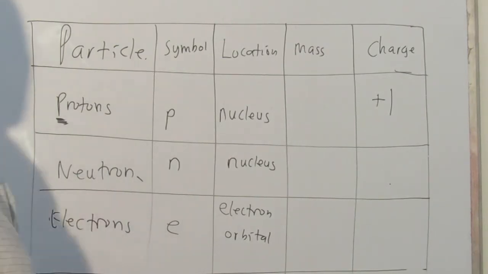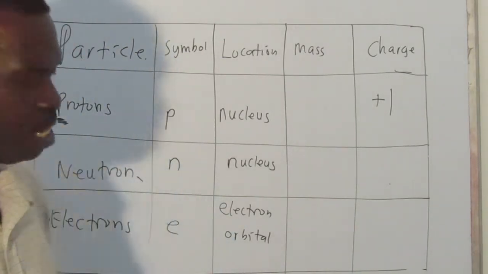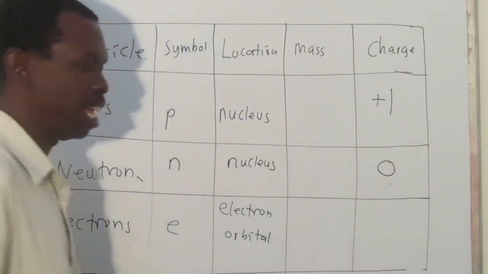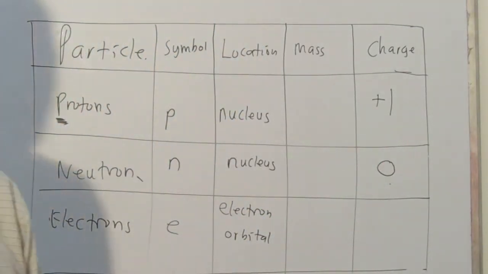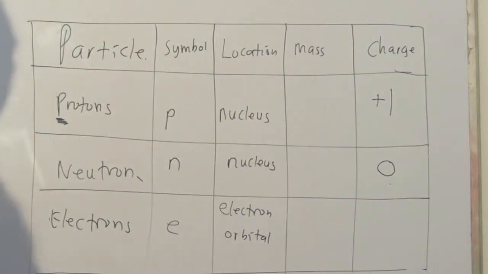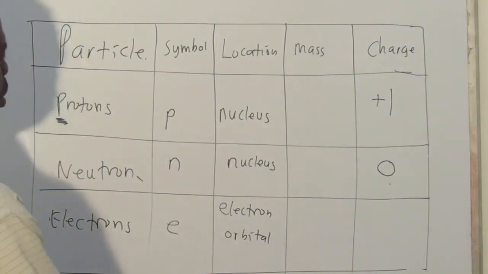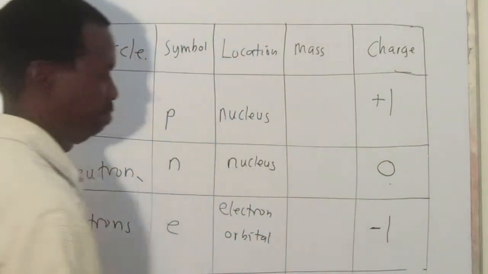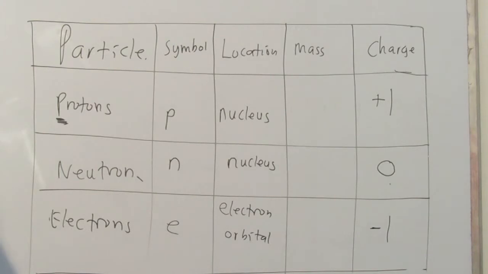The neutron, from the word neutron, means they are neutral, and we've agreed that if I write 0, it means it's neutral. But for the electrons, when it comes to the charge, it is going to be a negative like this. So, what will be the mass?